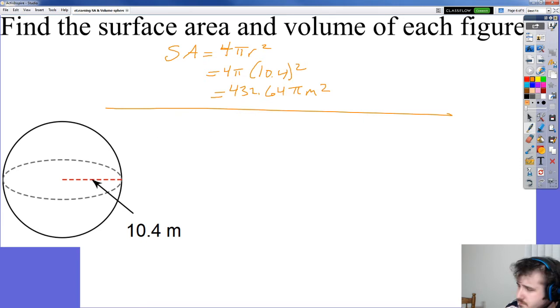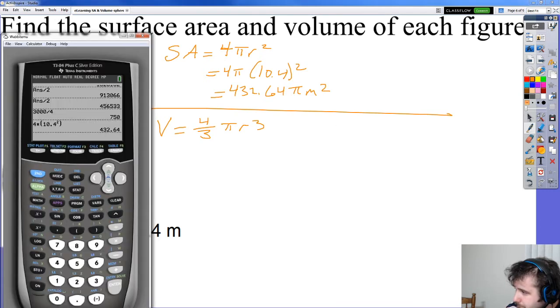Volume. Same thing. Volume 4/3 pi r cubed. Let's take 10.4 and cube it, times 4 divided by 3. 10.4, we're going to cube that, and then we're going to times 4 and divide by 3. And notice I just did it all in one thing. And then that pi.